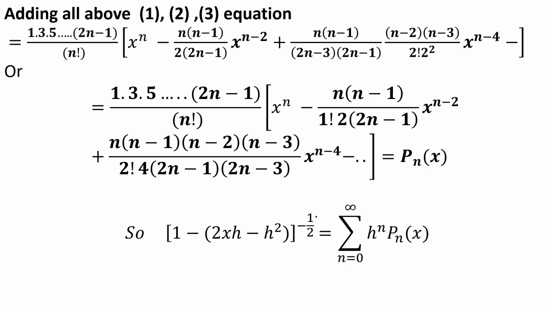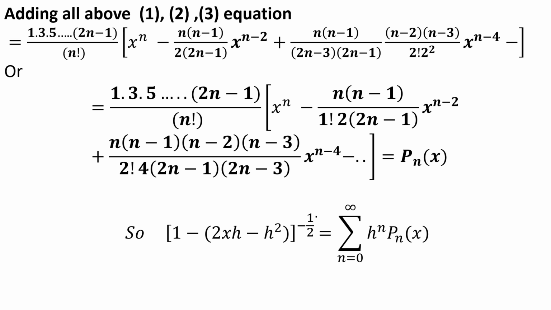So adding all the terms, this 1·3·5 ... (2n−1) n factorial was common, and left is only this part, and so on. Minus, plus, right? Then further minus and so on. So this part is common, 1·3·5, that I wrote as the common part, right? To the power n, and this part is left, right? And similarly n−1, n−2, n−3.